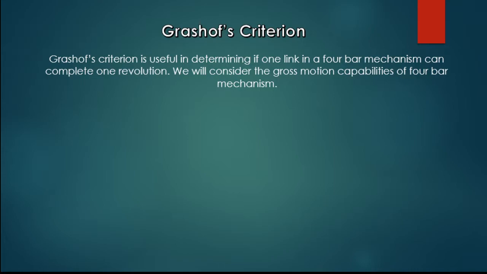So how do we determine it? We determine this in terms of the dimensions of their links. So I will show you the equations we will use to inspect if it can complete a revolution or not, through the dimensions of the lengths.